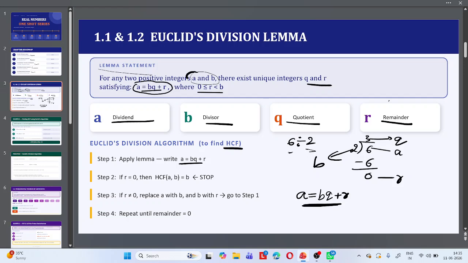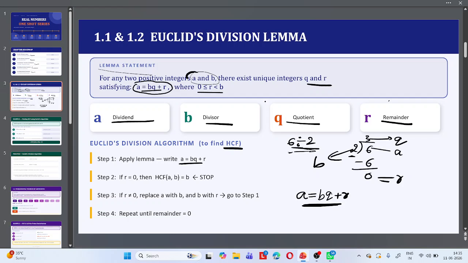So if r equals 0 in the second step, right, here r becomes 0 in the second step, there we need to stop. Whatever the b is in that step, that is the HCF of the two given integers. Here b is 2, so the HCF of these two numbers is 2. If r is not equal to 0, that is, the remainder is not 0, in step 3 what should we do?